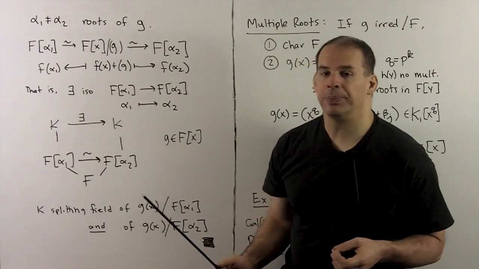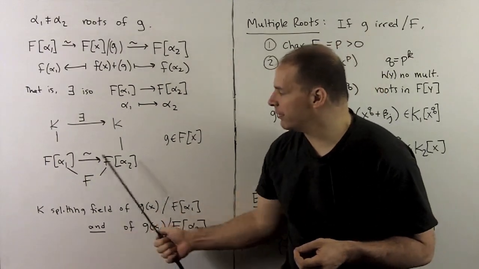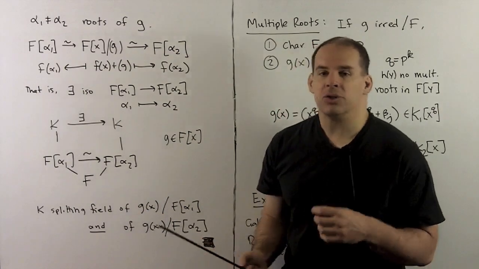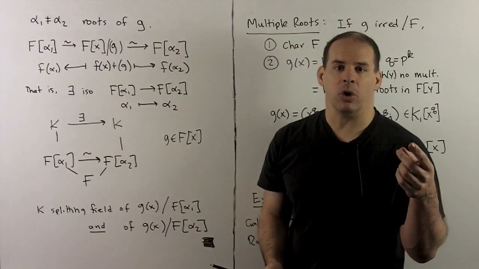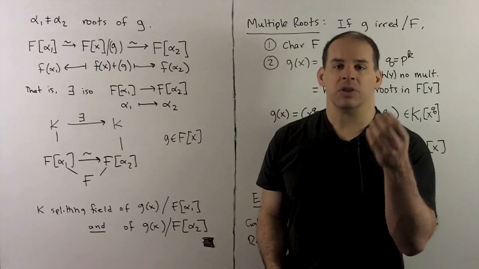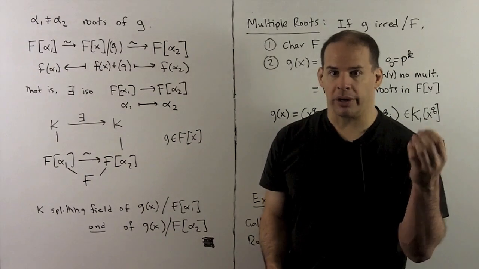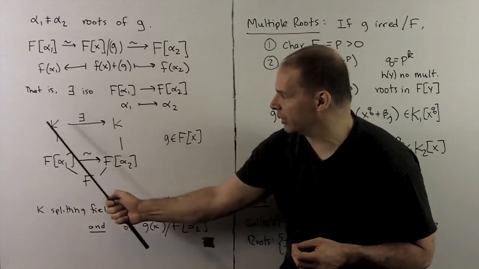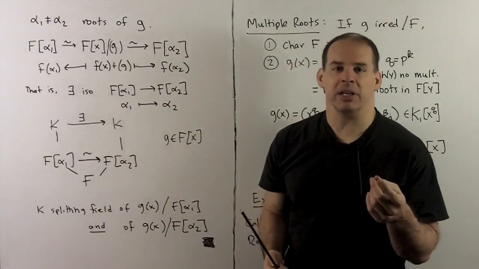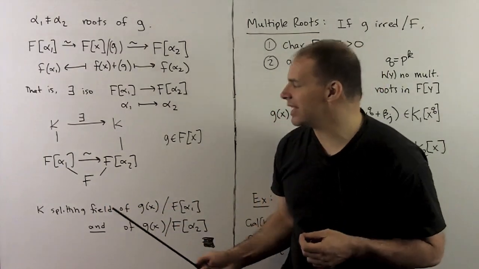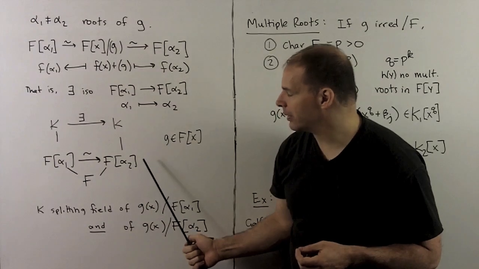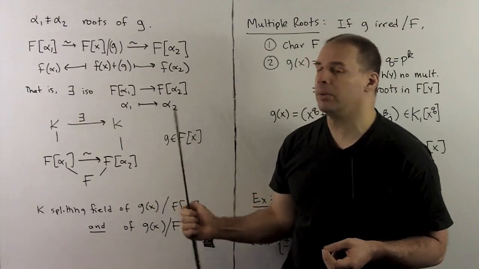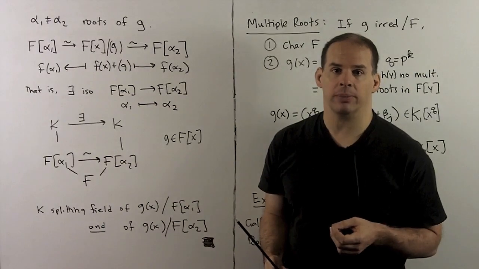Our situation, we have an isomorphism of fields, and we have a polynomial over both fields. So if we chose splitting fields for that polynomial over each base, the splitting fields would have to be isomorphic to one another. Now, here we've chosen K as a splitting field in each case, so that just means there's an automorphism of K that extends this isomorphism. That is, we have an automorphism of K that sends alpha 1 to alpha 2, and that's what we were trying to show.